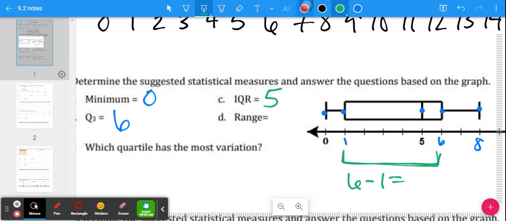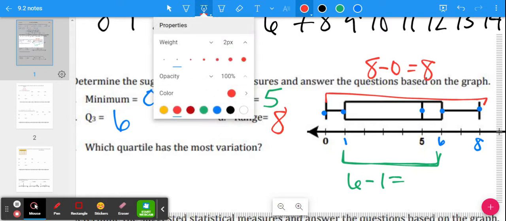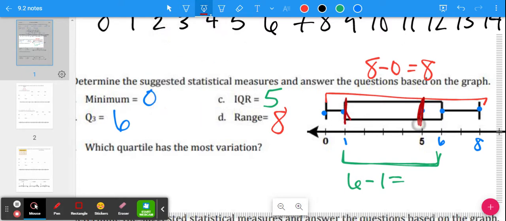The range is the entire thing. So from the minimum to the maximum, the distance. So we have 8 minus 0 is 8. And then it says which quartile has the most variation. So what it's looking for is which quartile is the most spread out. So when we look at it, this section right here is the most spread out.